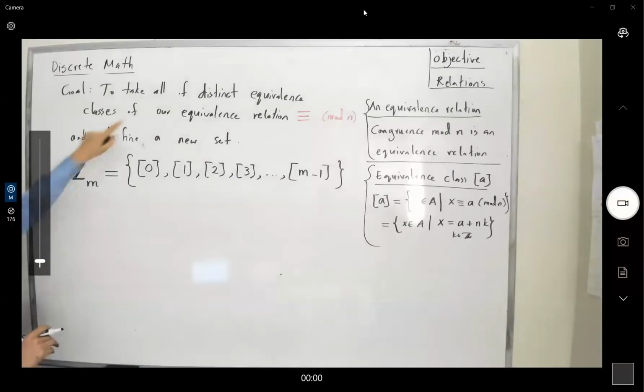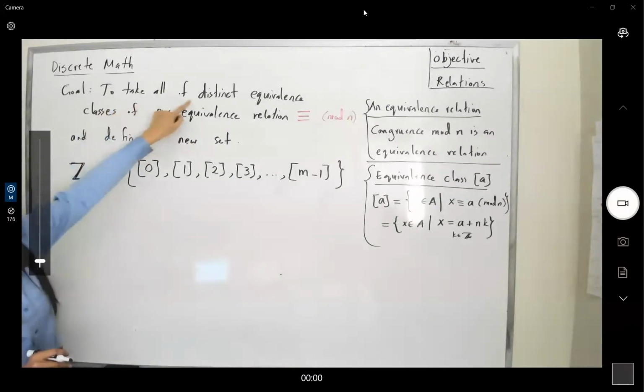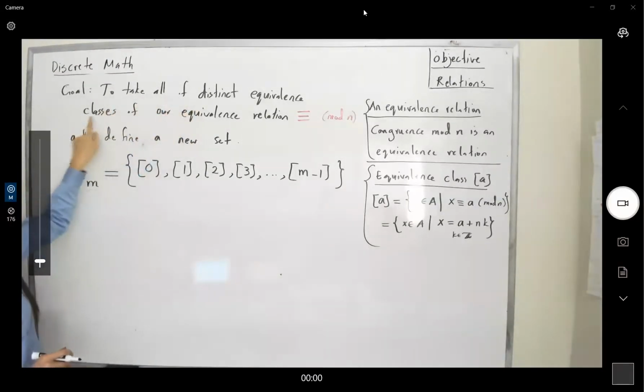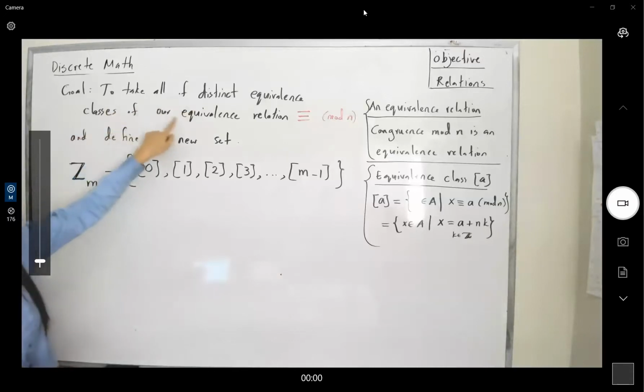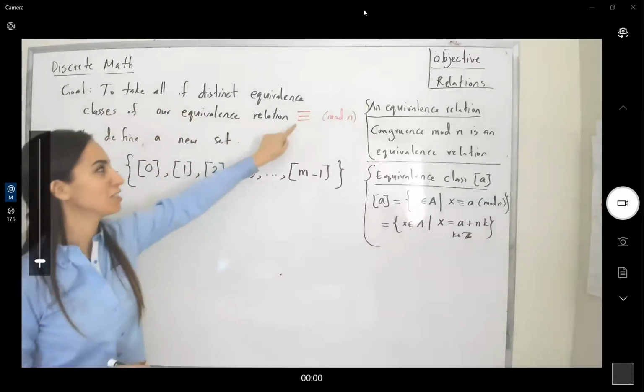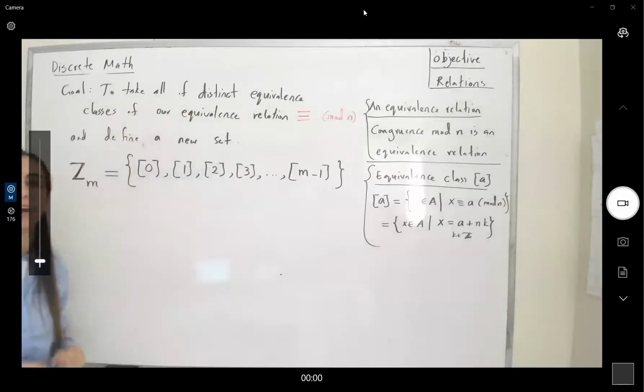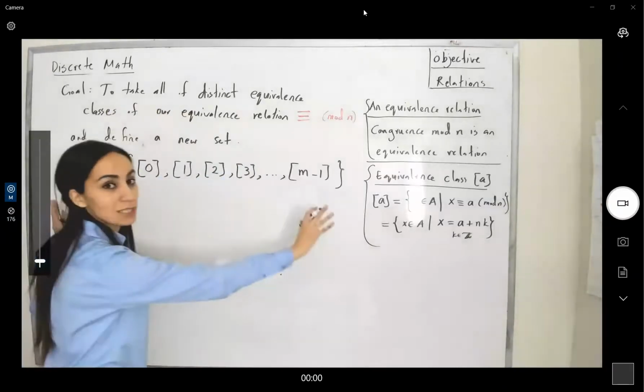It is the set of all distinct equivalence classes of this equivalence relation, congruence mod n. This is a new set.